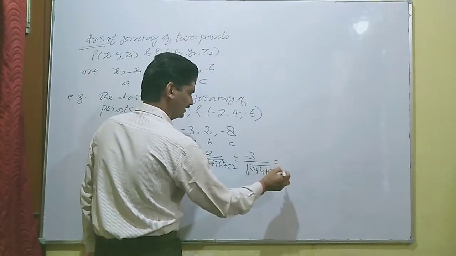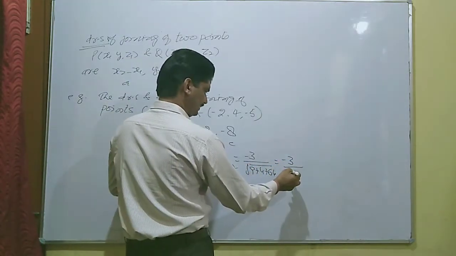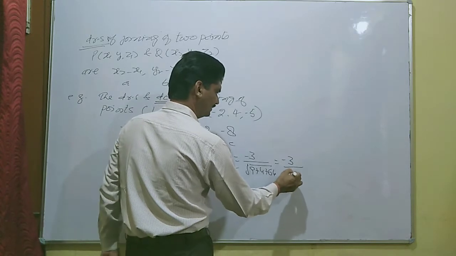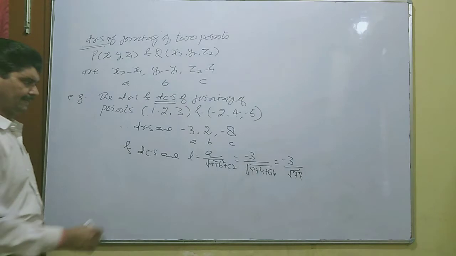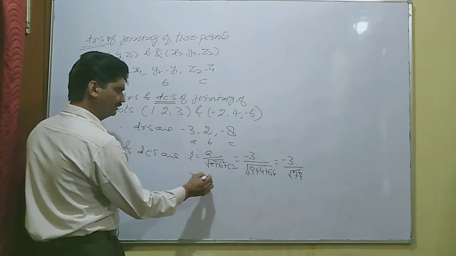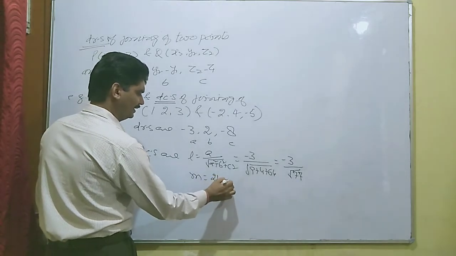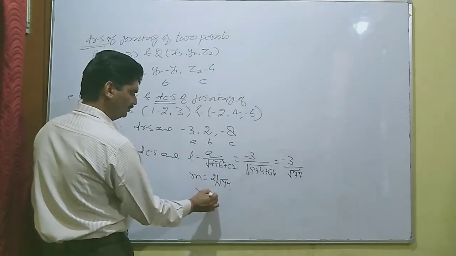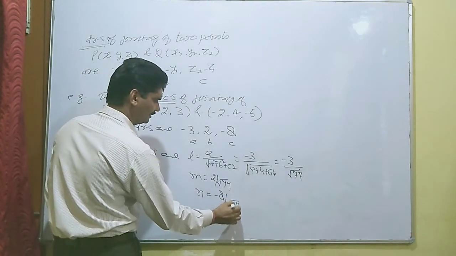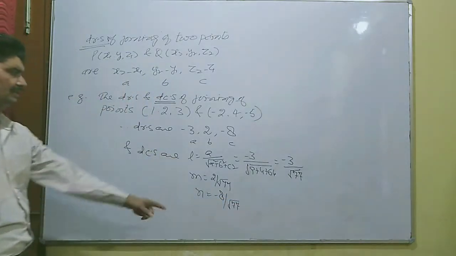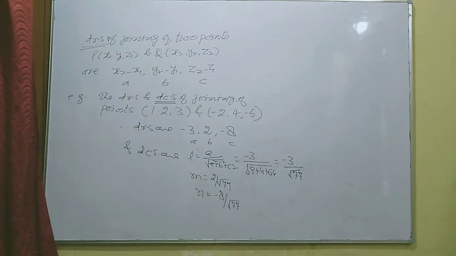Okay, that is minus 3 upon under root 77. Similarly, m equals b upon under root, that is 2 upon under root 77, and n equals c upon under root, that is minus 8 upon under root 77. Okay, so these are the direction cosines of the line joining 2 points. So it is very clear.